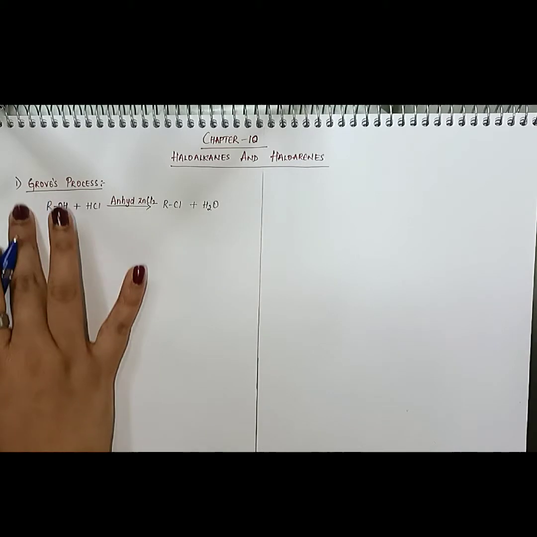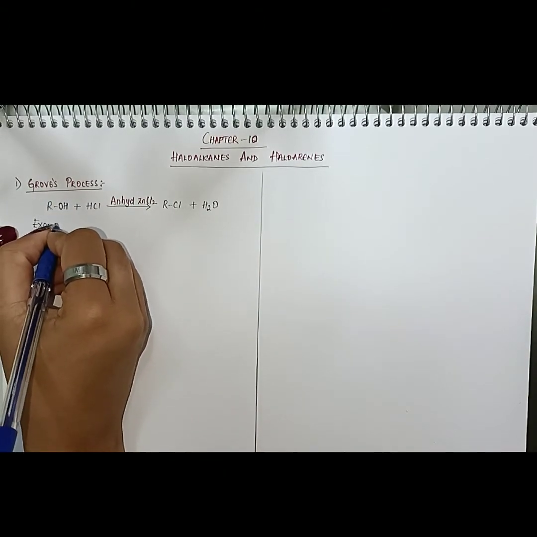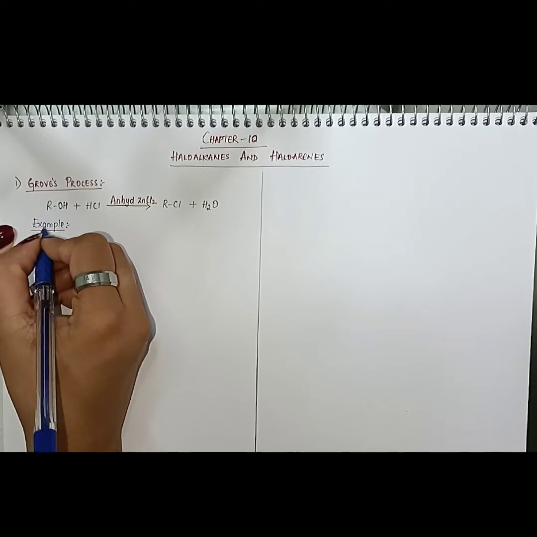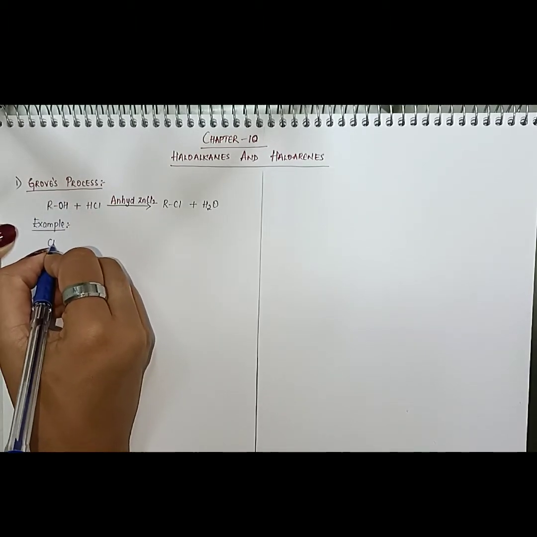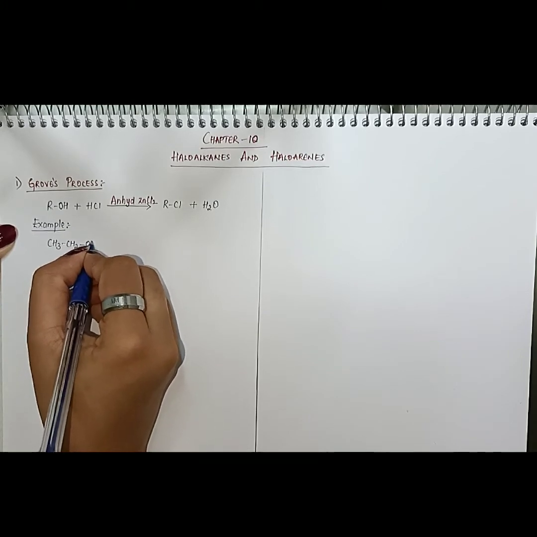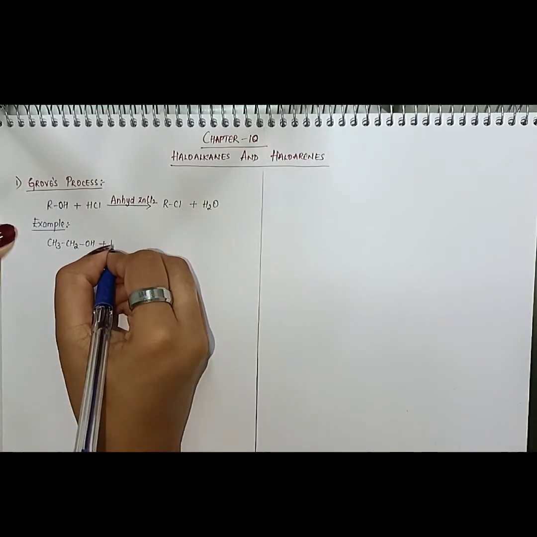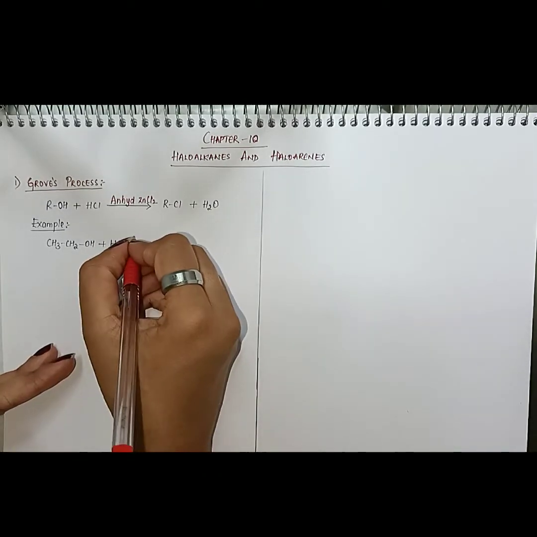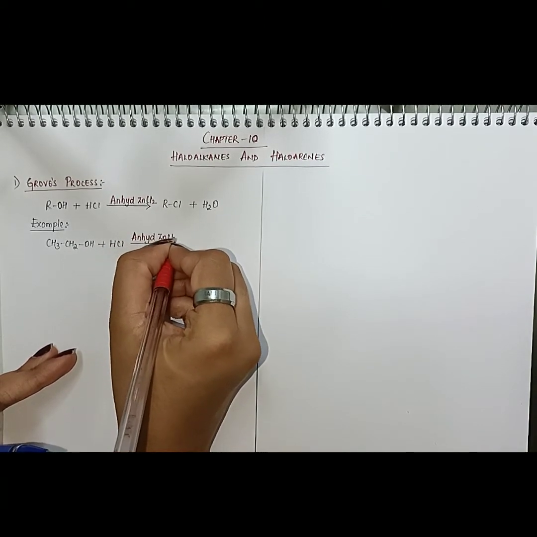Now if you're taking an example for this, we can just substitute R group with a simple methyl or an ethyl grouping. So instead of R, I'm just taking say ethyl group. So I'll just take CH3, CH2 and the remaining OH will be there. Now this with HCl in the presence of anhydrous ZnCl2.